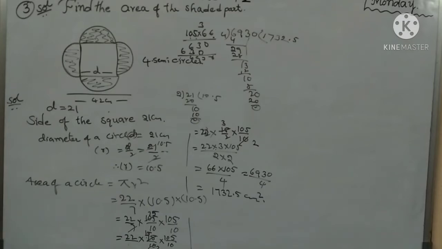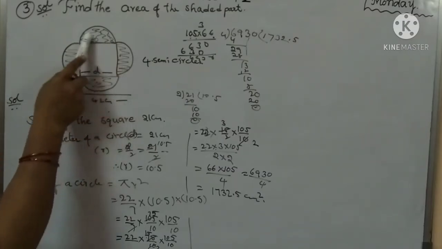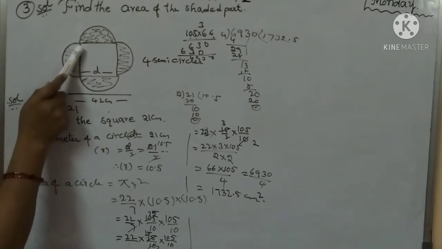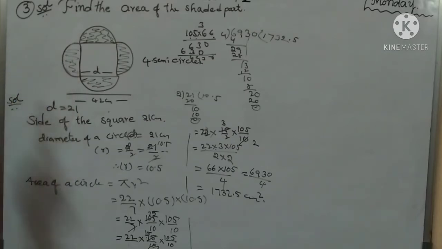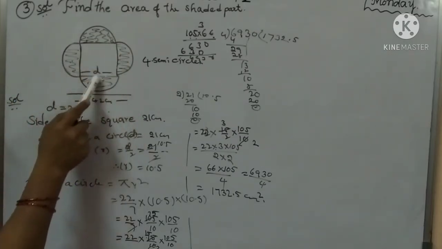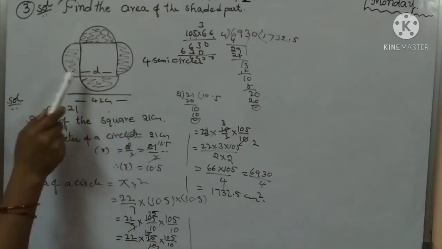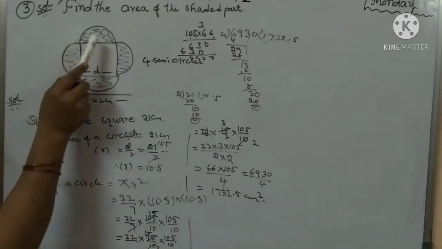Okay. So here how many semicircles are there? 4 semicircles. Because here how many shaded parts? Now first we will find the one shaded part. So one shaded part is a half circle. It means a semicircle. So here how many shaded parts are there? Remaining 3 is there. So totally how many shaded parts? 1, 2, 3, 4.